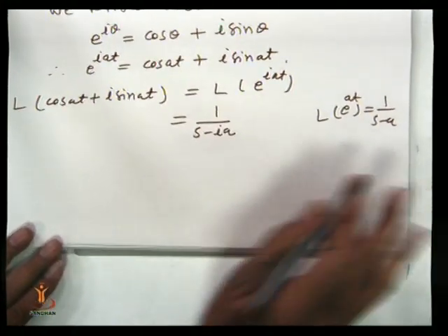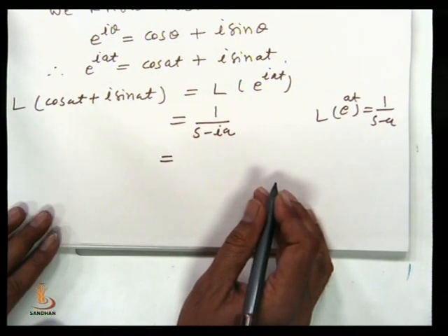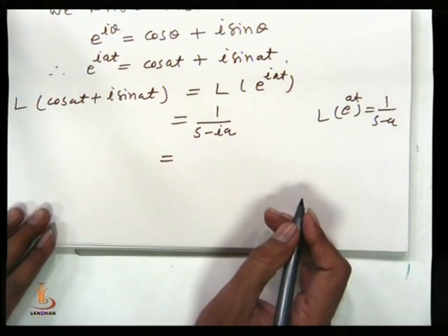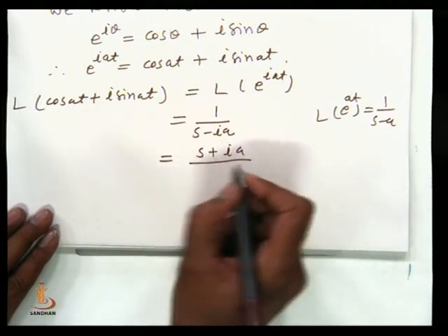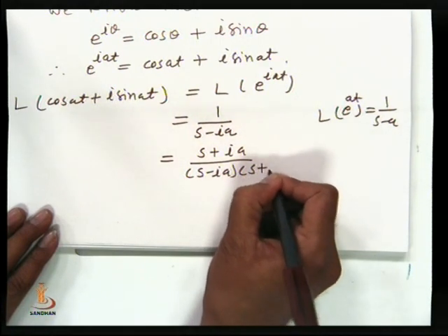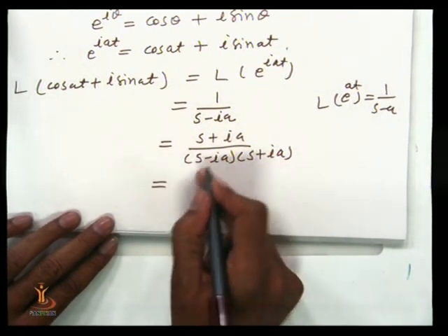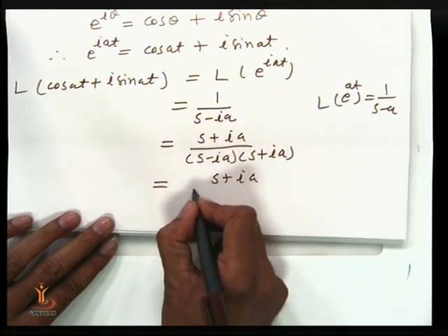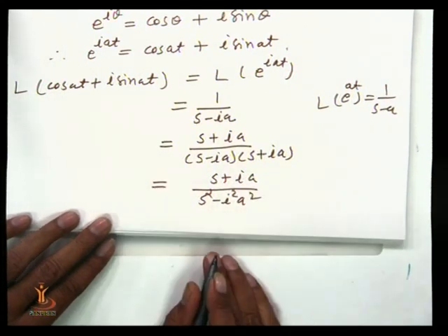Now we simplify this complex number by taking the conjugate. We multiply numerator and denominator by s plus ia. Numerator is s plus ia, divided by bracket s minus ia into another bracket s plus ia. Now we multiply denominator: s square minus i square a square.